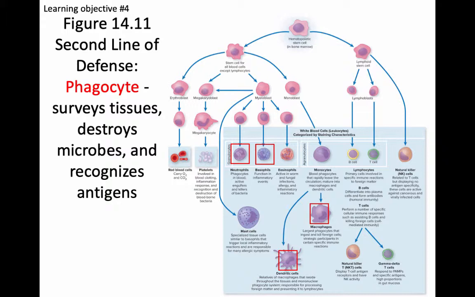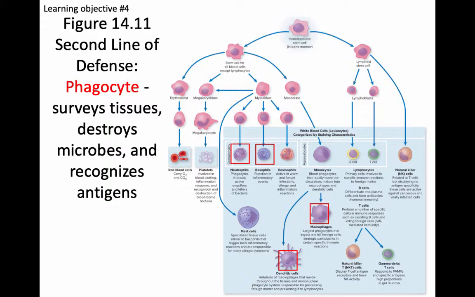So in this very complicated figure from your book, it's showing you that all of these cell types that are important in the immune system are derived from stem cells. I've put boxes around the ones we're focused on in the second line of defense: the neutrophils, the basophils, the macrophages, and the dendritic cells, because these are all cells that are called phagocytes.